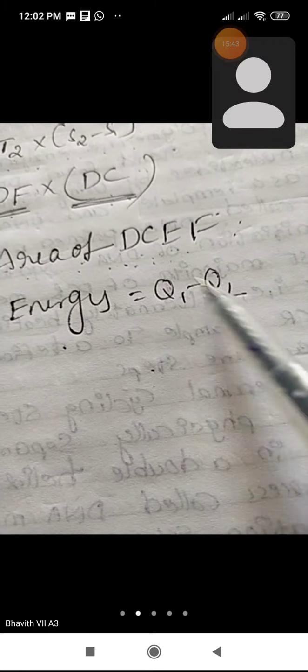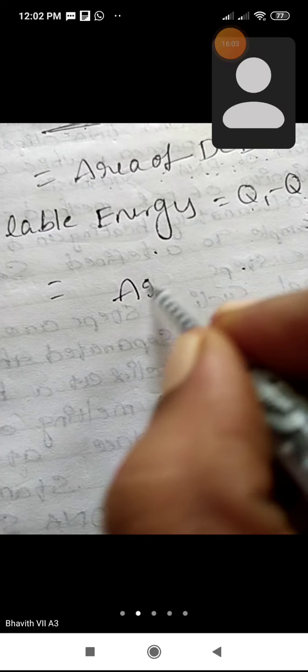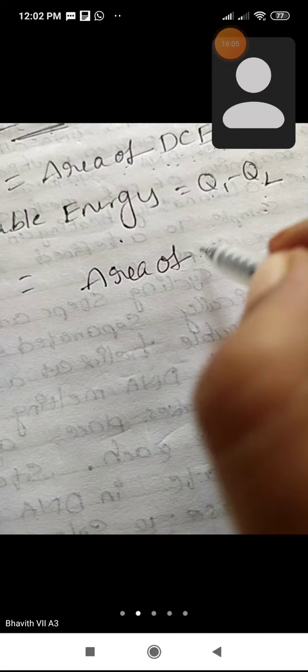So what we got: Q1 is equal to area of ABEF, and Q2 is nothing but area of DCEF.